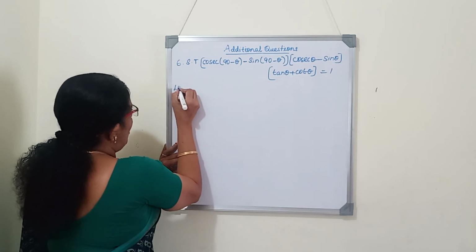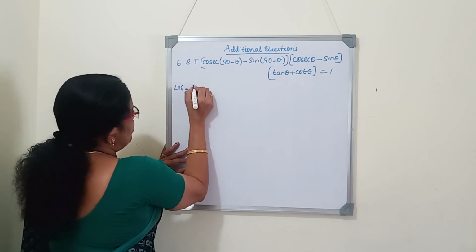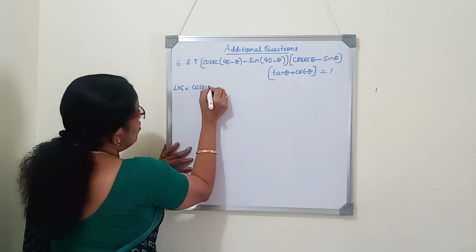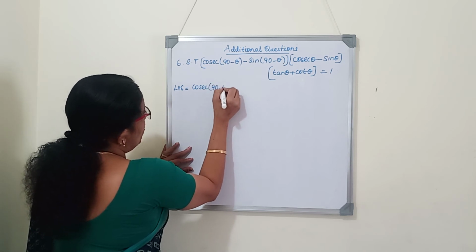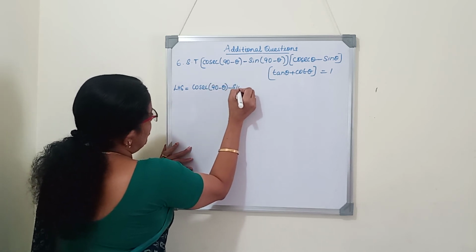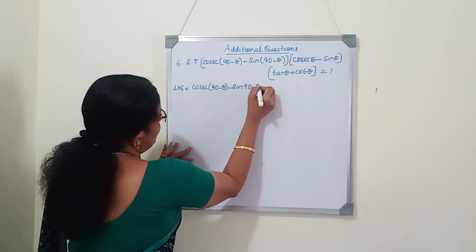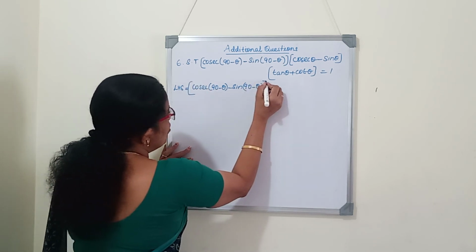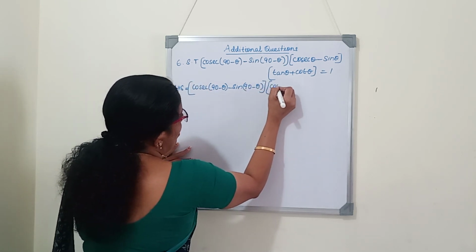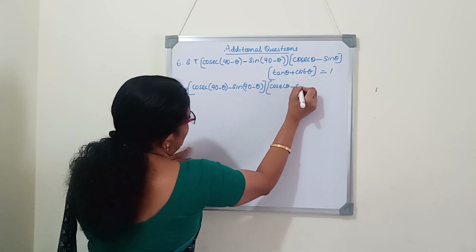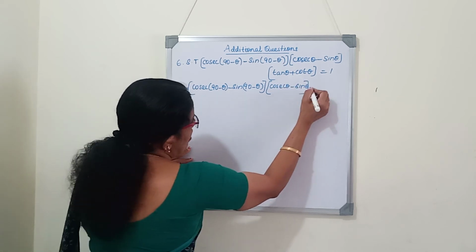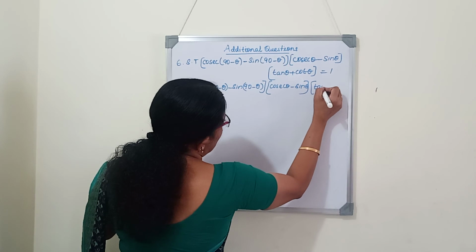So we'll start with LHS. First term is cosec 90 minus theta minus sin 90 minus theta, this is in one bracket, into cosec theta minus sin theta, another bracket, and one more bracket, tan theta plus cot theta.